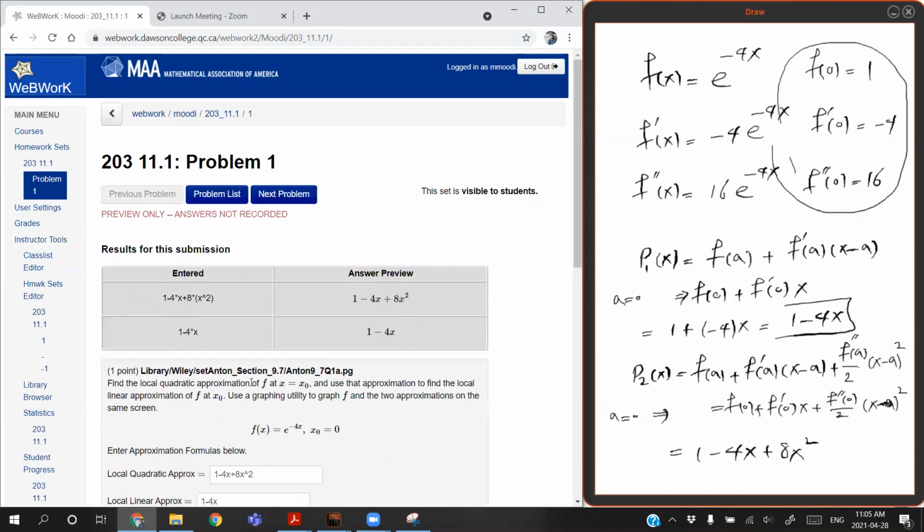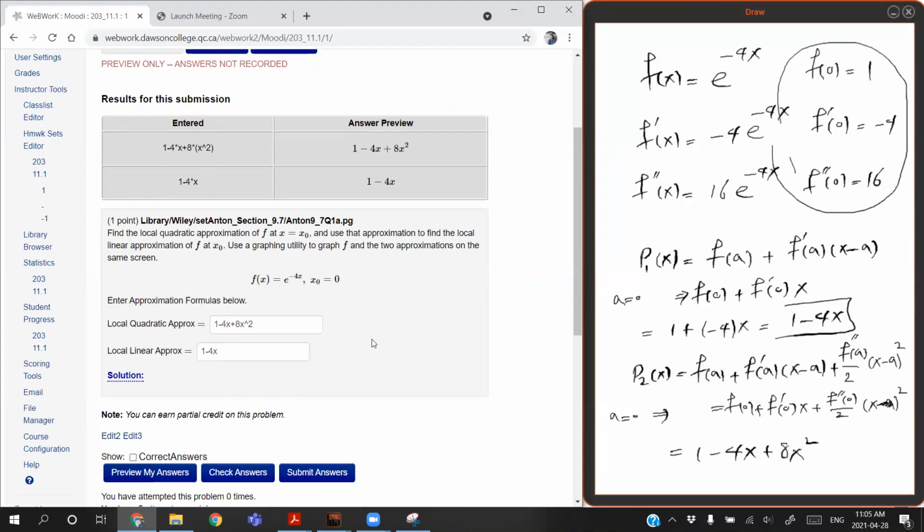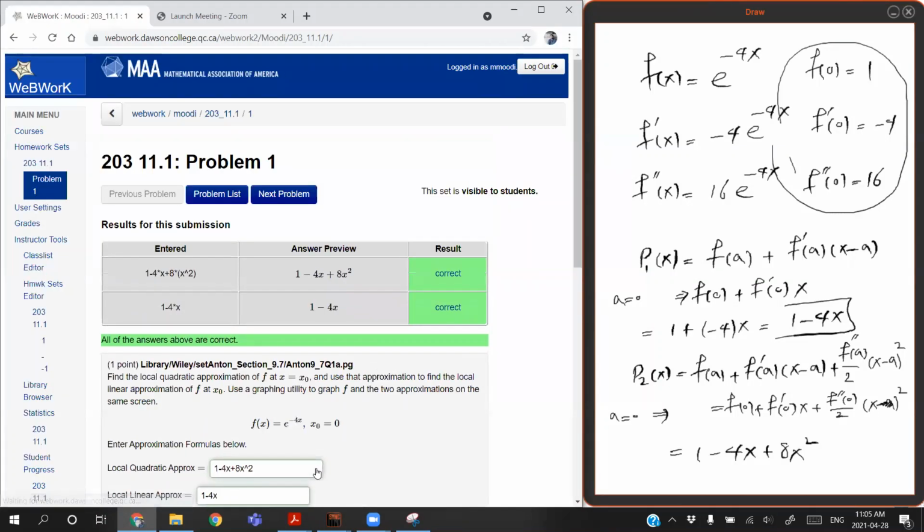Let's just preview the answers. For the linear, 1 minus 4x. For the quadratic, 1 minus 4x plus 8x to the power of 2. That's the 16 divided by 2 part. Is that clear? Yes. Okay, great.